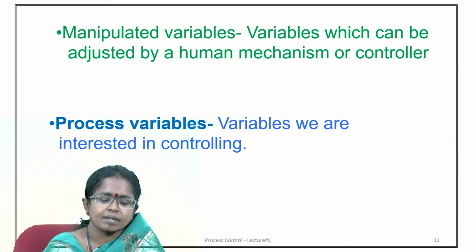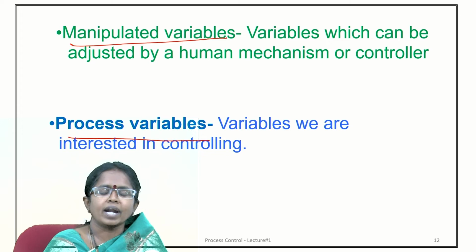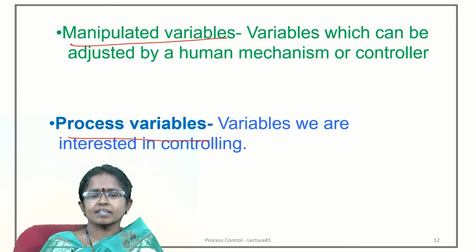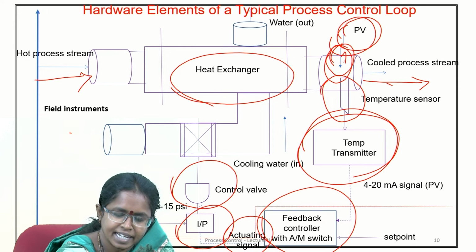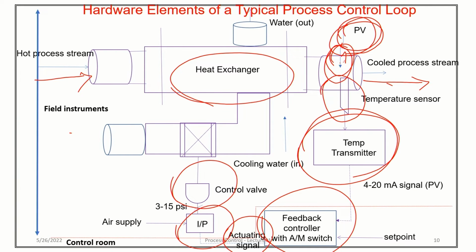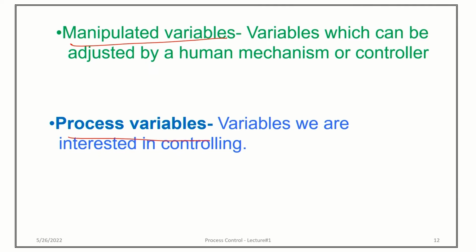I told you already about the two types of variables involved in the process control. One is the process variable, that is the variable we are interested in controlling. If you take this process, the variable we are trying to control is the temperature of the hot process steam. So that is your process variable as far as this example is concerned. Coming to the manipulated variables, which can be adjusted by a human mechanism.